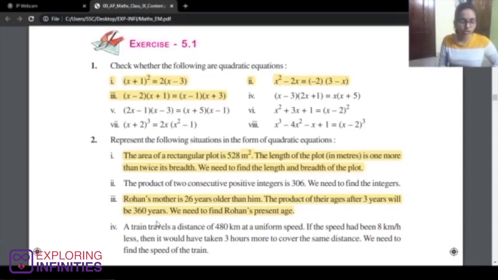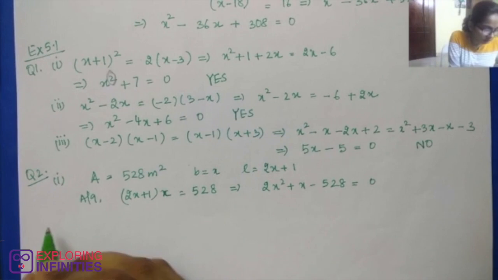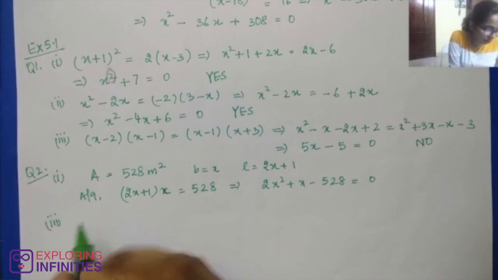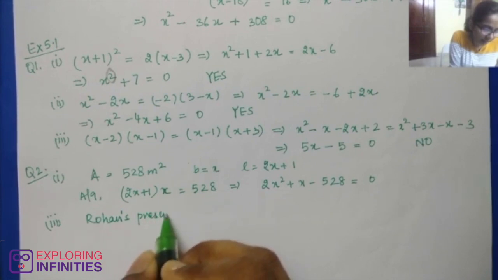So the next question is the third. It says that Rohan's mother is 26 years older than him. The product of their ages after 3 years will be 360. We need to find Rohan's present age. So let's just say that Rohan's present age is x. Okay, so we have Rohan's present age as x.